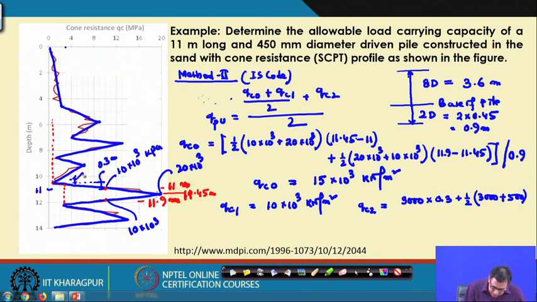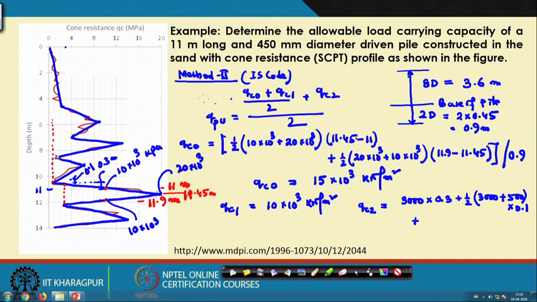I am multiplying it by 0.1 meter, then plus, for the rest of the thickness, this 500 is the lowest value, so I have to take 500 for the rest of the thickness.